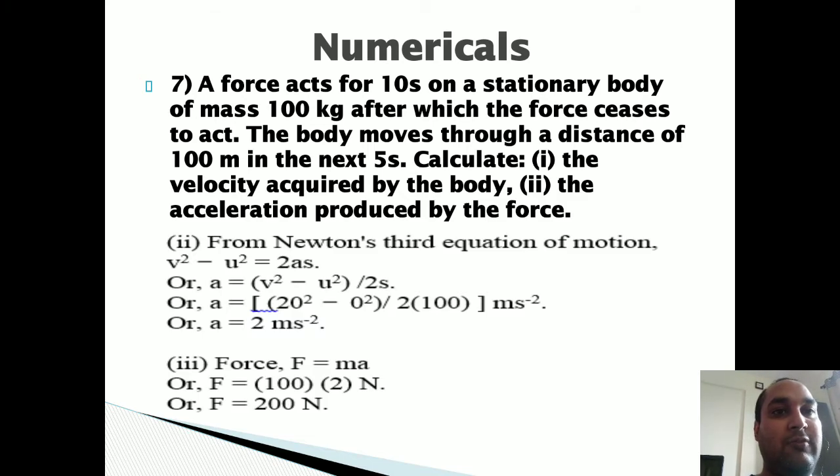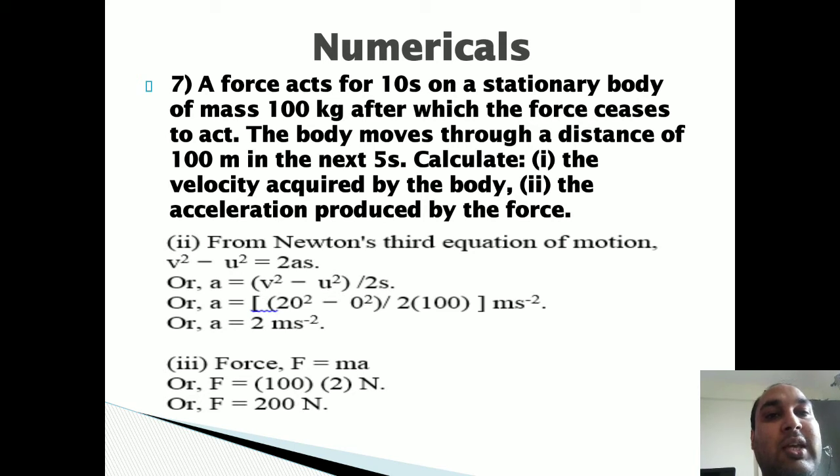This is the second part. We have to find the acceleration now. So we will be using Newton's third equation of motion, that is v square minus u square is equal to 2as. Here we have to find acceleration. Displacement we know, and the vehicle was starting from rest, so u is equal to 0, and the v value we have already found in the previous solution.